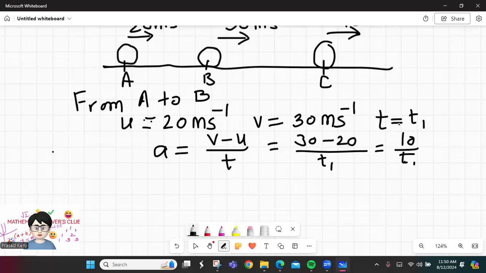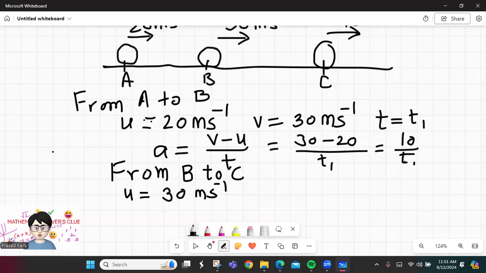Now, similarly, for the journey from B to C, the initial velocity here will be 30, that is the velocity at B, 30 meter per second. The final velocity, that is the velocity at C, is 45 meter per second.